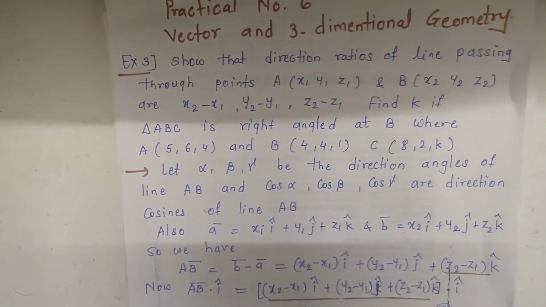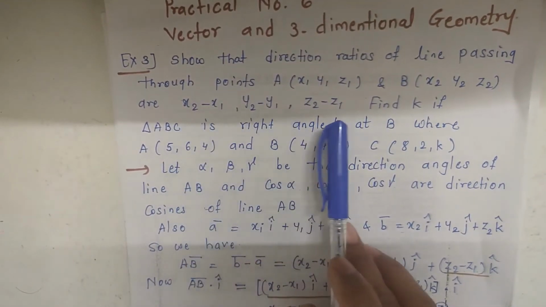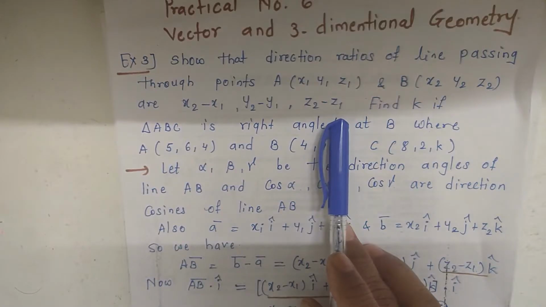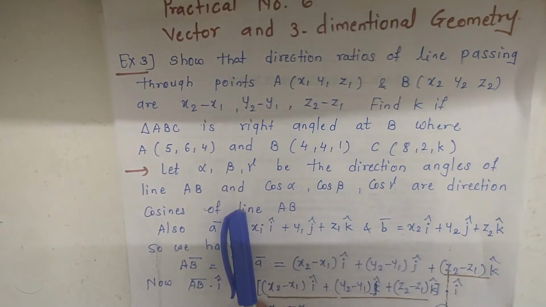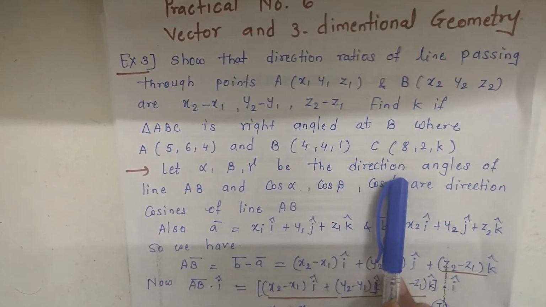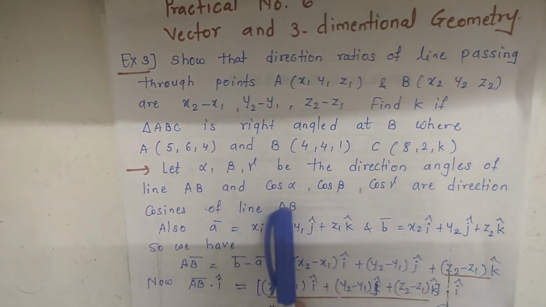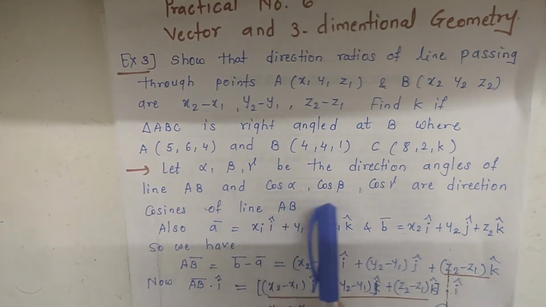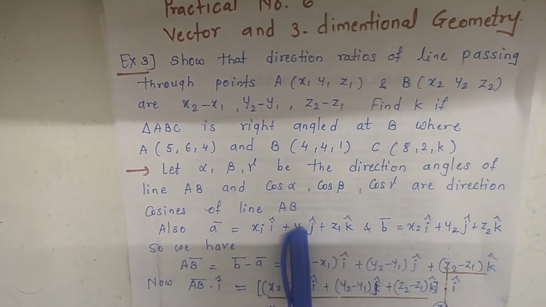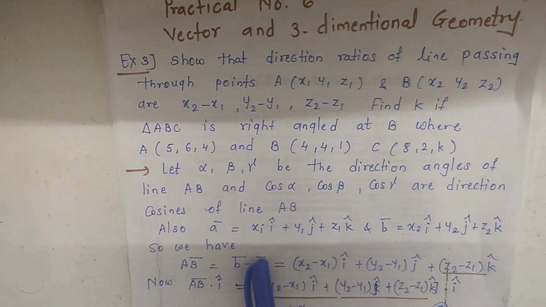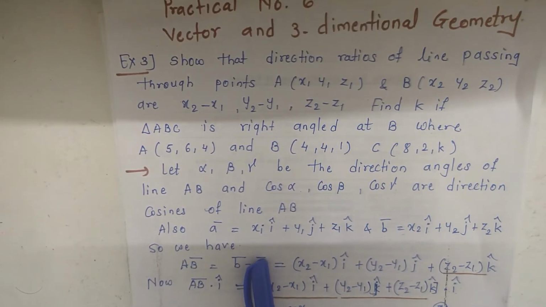So here we have to show that these terms are proportional to direction cosines. First let's see the direction angles alpha, beta, gamma and their corresponding direction cosines cos alpha, cos beta and cos gamma of line AB. Now we have to find the vector AB bar.